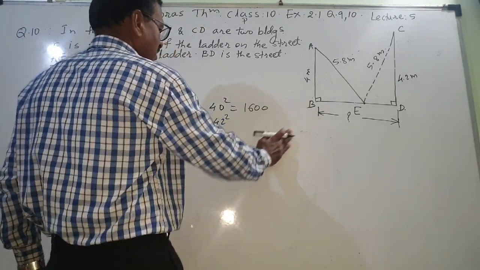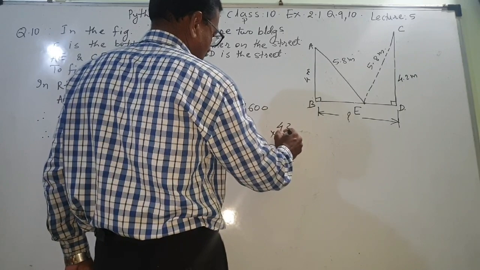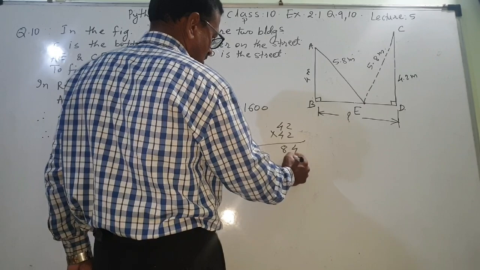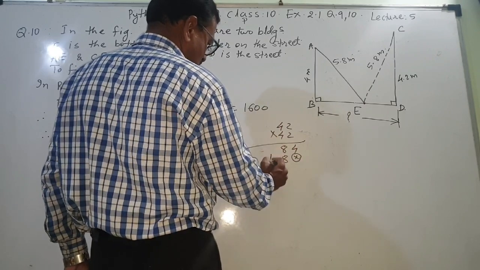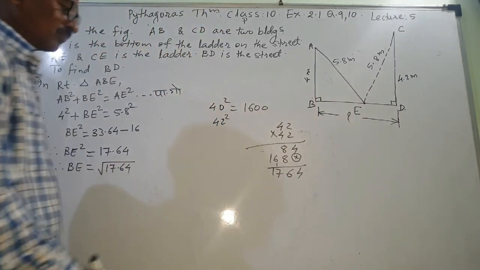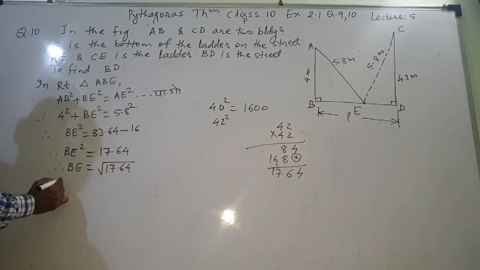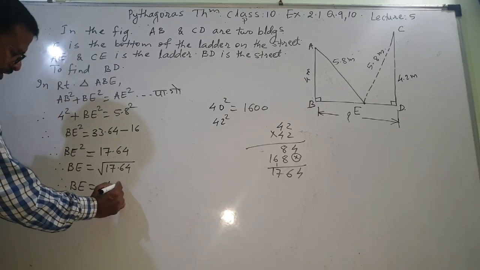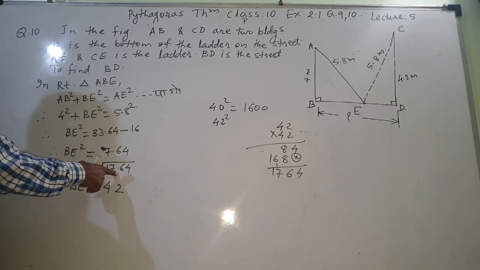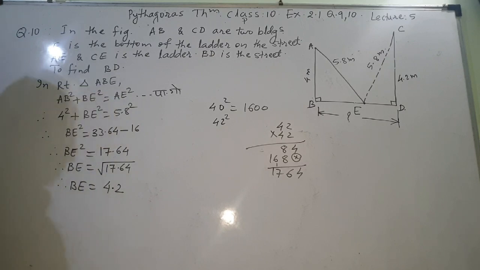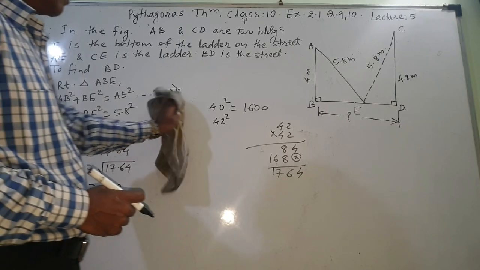So I will see 42 into 42. 2 4s are 8, 4 4s are 16, 1764. So therefore BE equal to 42, but it is not 1764, it is 17.64, so I have to give a decimal point. This way you have to judge how to find the square root.